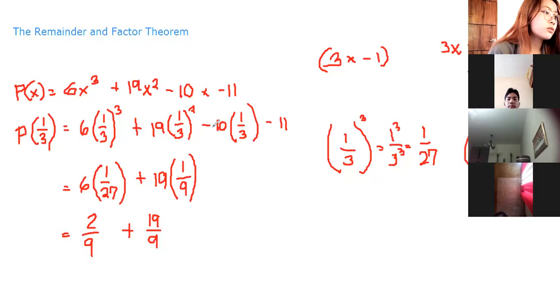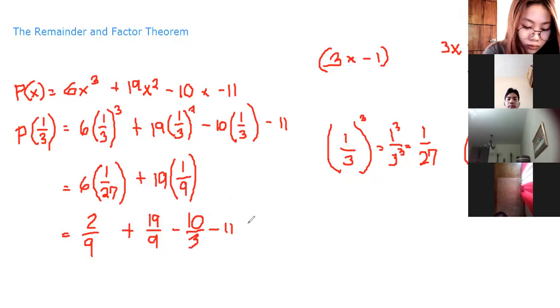Here we have negative 10 times 1/3, so it will become negative 10 over 3. Then minus 11.